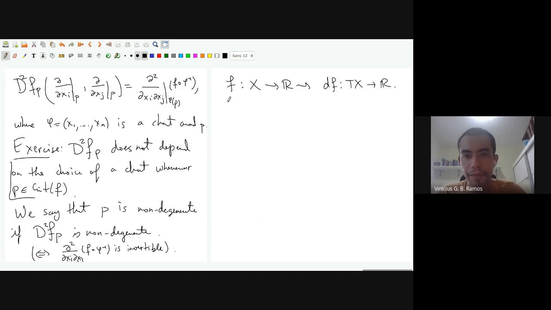If you have a point (p, v), a vector, then you can take the derivative of this map at this point (p, v). So you can take D at (p, v) of the map df. This is a map from the tangent space of the tangent space of X into R.